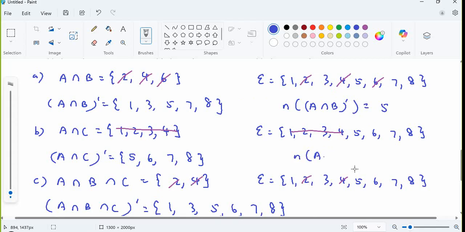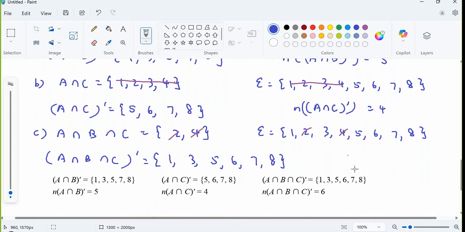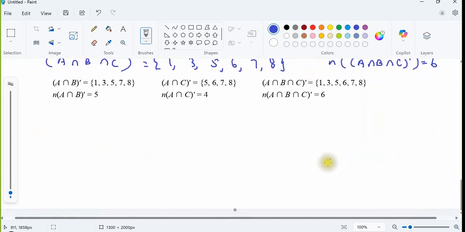And then A intersect C is 4. And then the number of A intersect B intersect C is 2, 4, 6, 6. Yes.